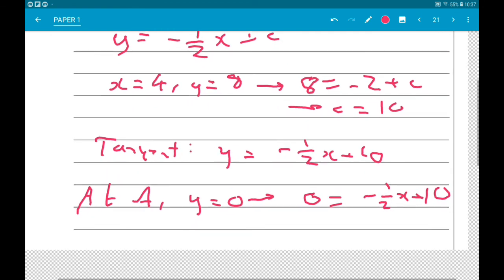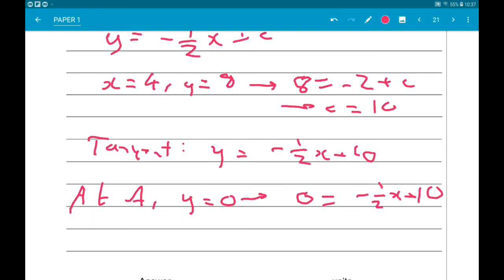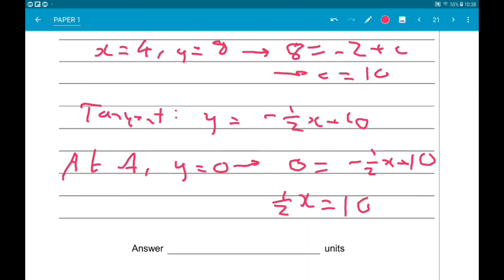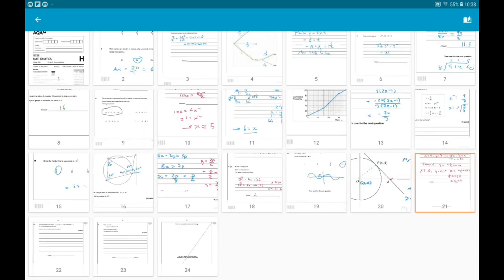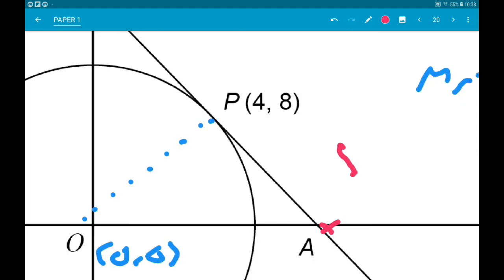Add the half x, we get half x is 10. Therefore, x is 20. So, now we know the coordinates at A are 20, 0.